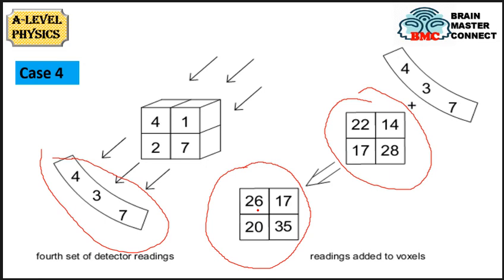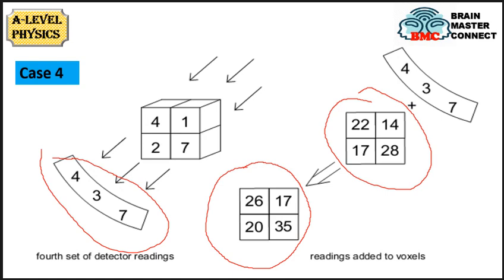So for every single set of the detector reading, don't forget, Voxels are formed, but the last Voxel formed gives us the pixel pattern of the image of the object formed.